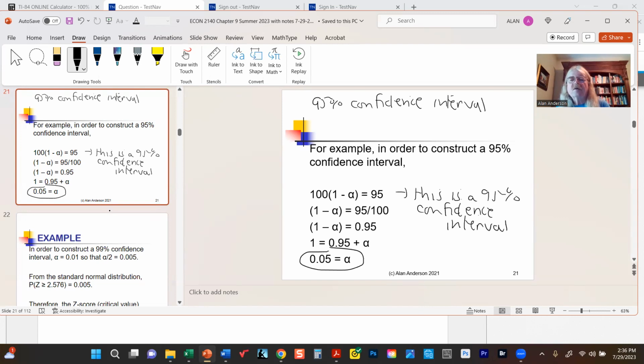We usually write it as 0.05, but of course it means the same thing. But when we go to the tables or the calculator, usually it's written as 0.05. So that's our alpha, which is also known as the level of significance.